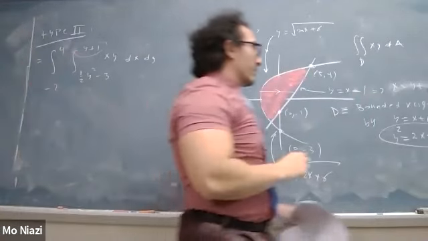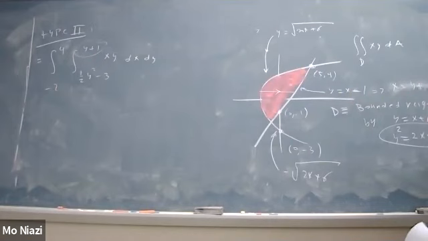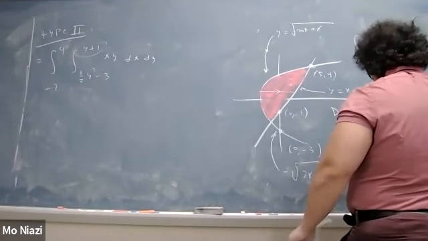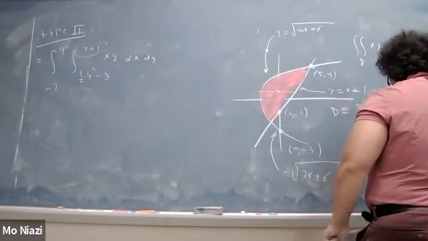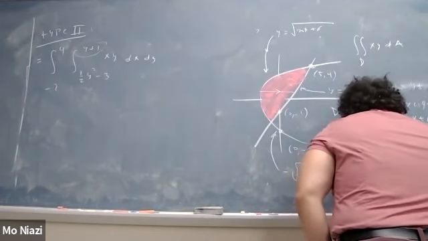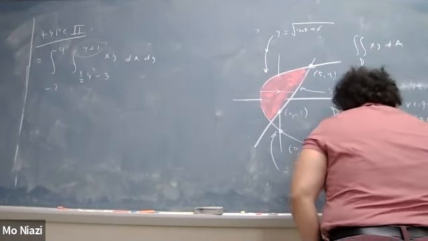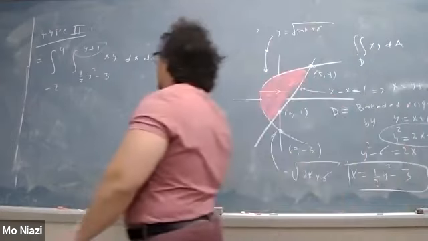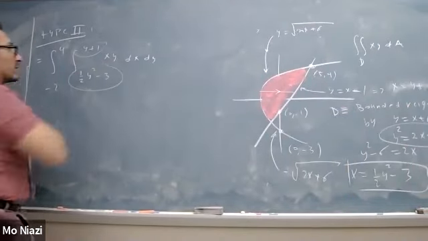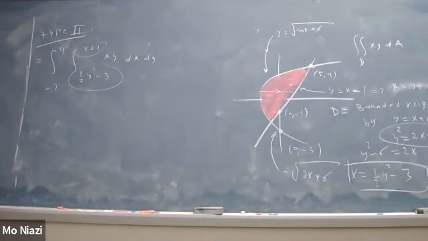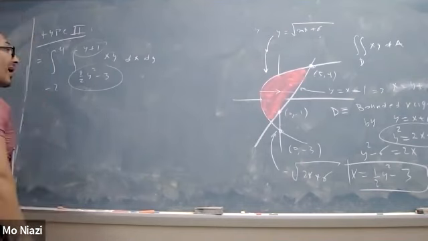Over here, when we solve for x, we subtract the 6, so I get y squared minus 6 is equal to 2x, and I divide by 2, and I get x is equal to 1/2 y squared minus 3. And that is why this appears over here. Because we want to integrate from left to right horizontally dx, we have to parameterize these as functions of y.